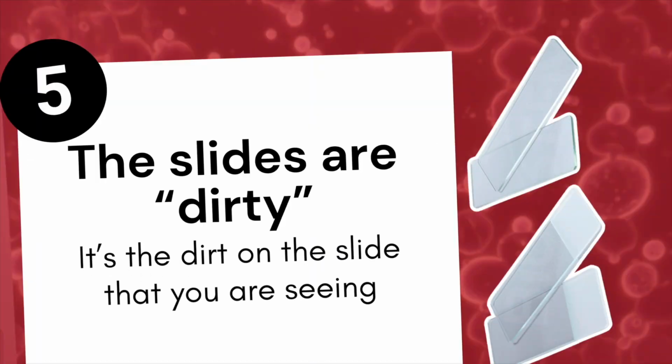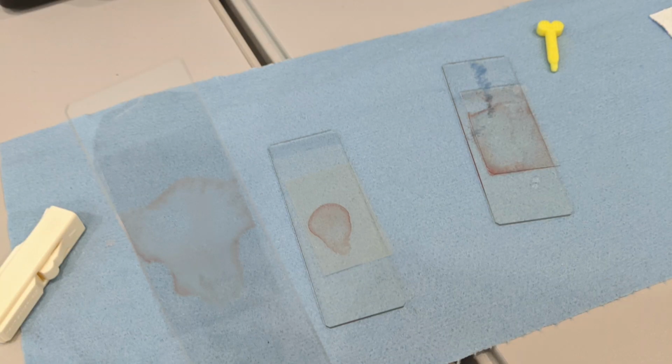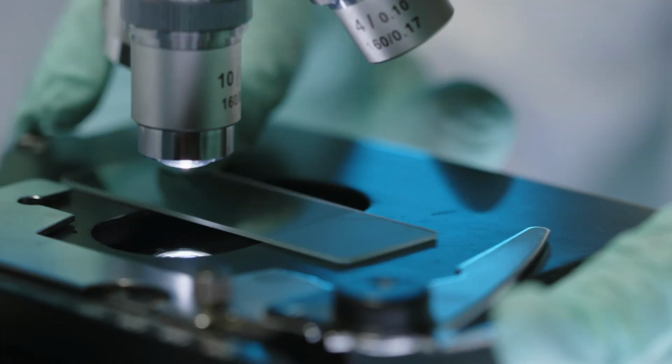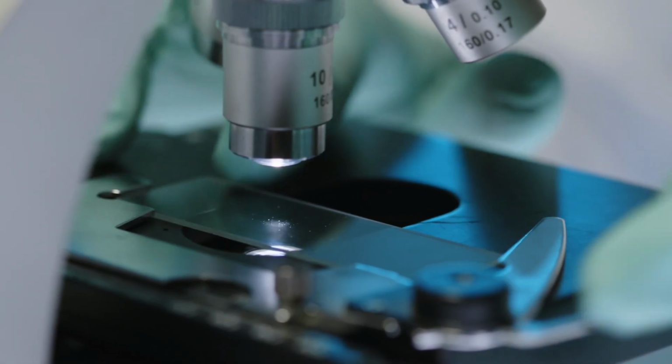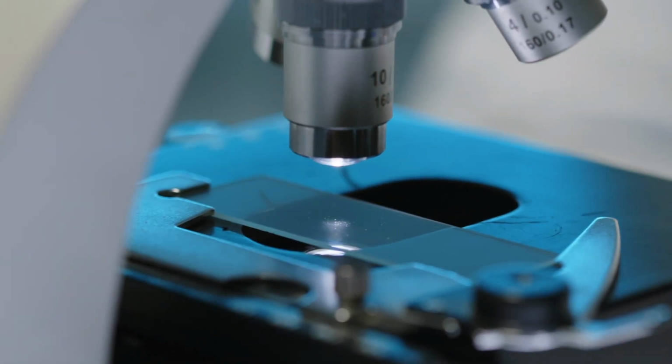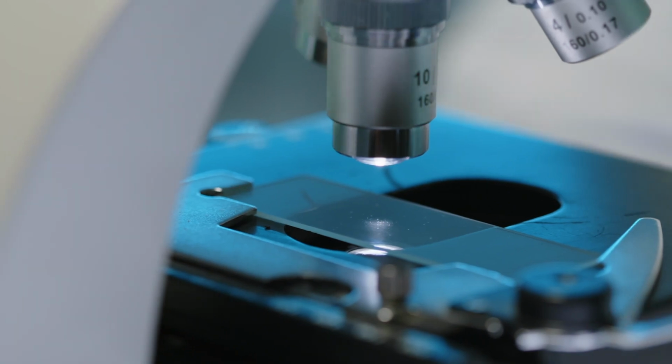Number 5, the slides are dirty, and that's why we can see all of this. That absolutely drives me crazy because we spend a lot of money on clear quality slides and cover slips. There's a lot of people out there that may not be using clean and costlier slides. You have to spend money on these slides to get the visual quality that you want, to have the Abbe value of the slides at a good quality so you're not getting imperfections or artifacts.